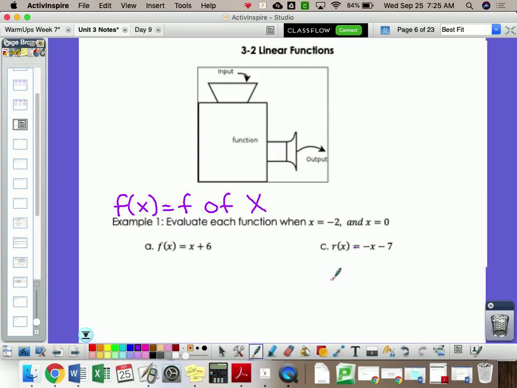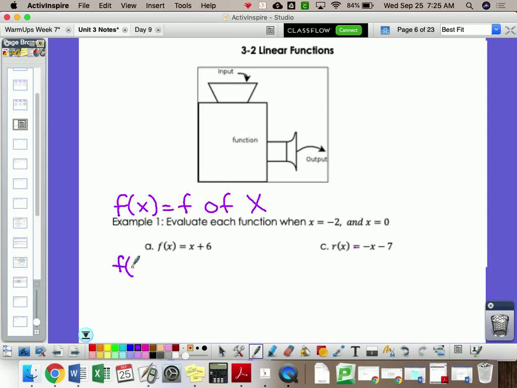So the first example asks us to evaluate when x is -2 and 0. So that means that anywhere in this function that we see an x, we are going to put a -2.